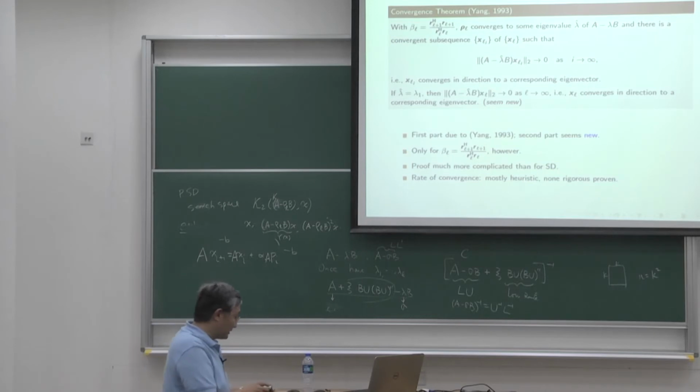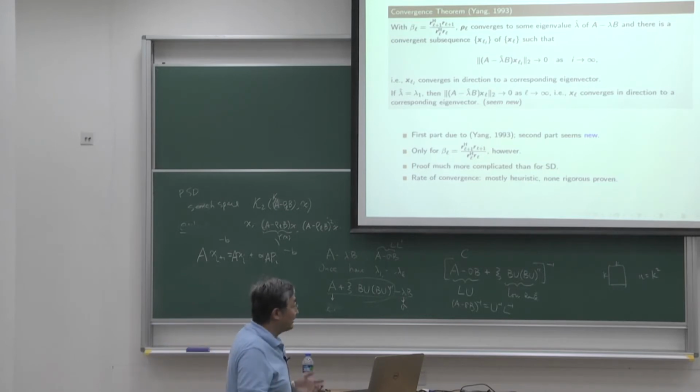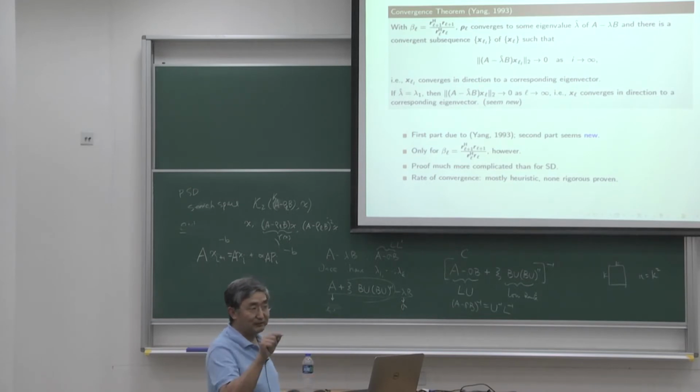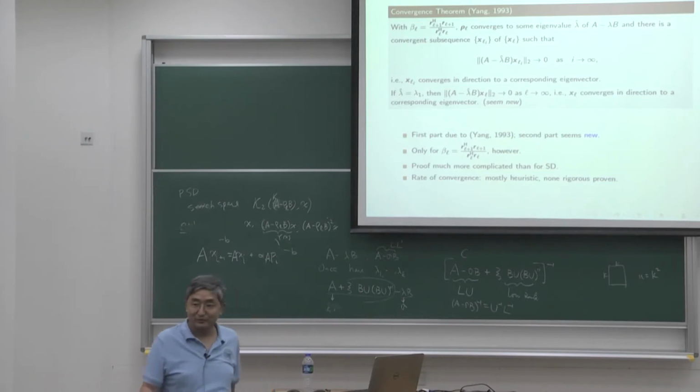There are a couple of reasons. One reason is that in theory, in the standard eigenvalue problem, if you start with a vector that's deficient in the first eigenvector, you can never converge to that particular eigenvector. The generalized eigenvalue problem is different. This is a place where rounding error helps you.